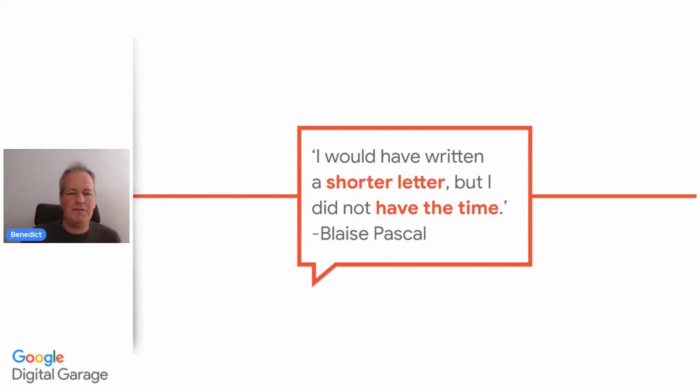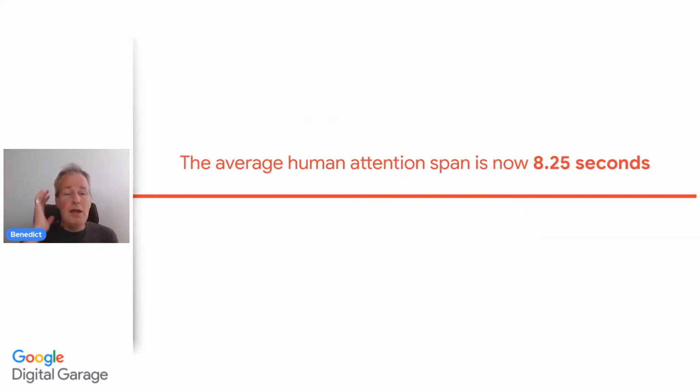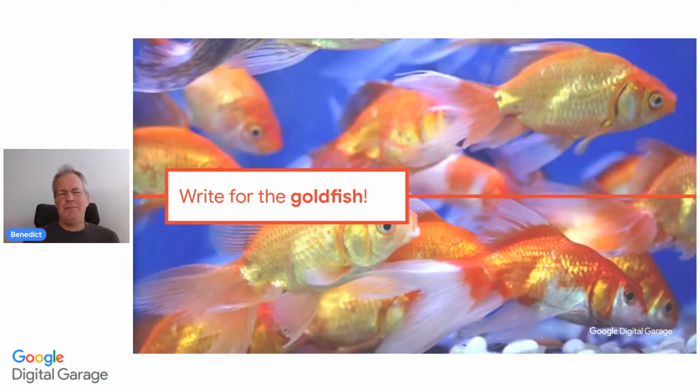So let's go through a couple of different things here. So we've got here the average human attention span is now 8.25 seconds. I mean, sometimes I think it's much shorter, well, with me too. And we do go through things very fast, with our thumb. It seems unfair that we're likening us to goldfish. But if you think about it, if you go into a supermarket, there's so many different choices.